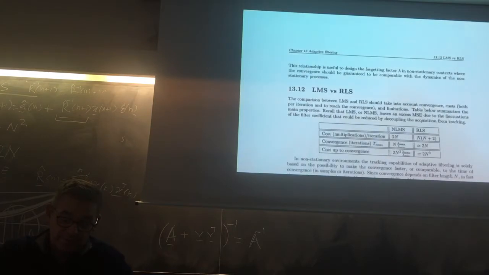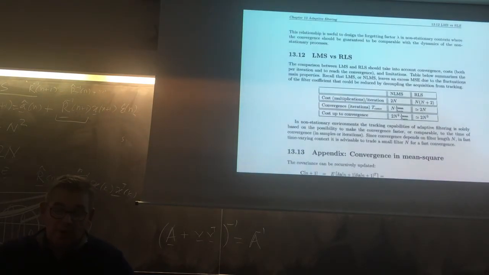Now comparing. Just to compare, now making a precise computation of how many multiplications you need to spend for LMS and RLS. If you want to be very precise, we can notice the cost of multiplications per iteration of NLMS, where N stands for normalized, which means I use a normalization factor.